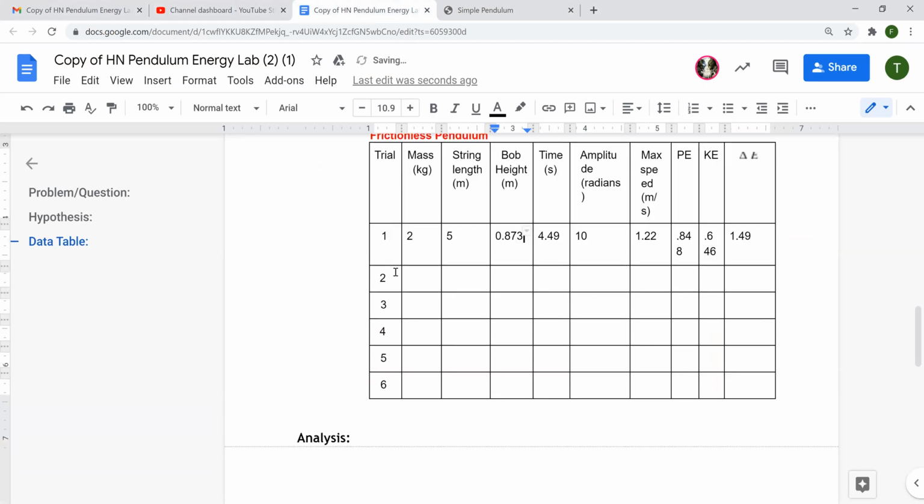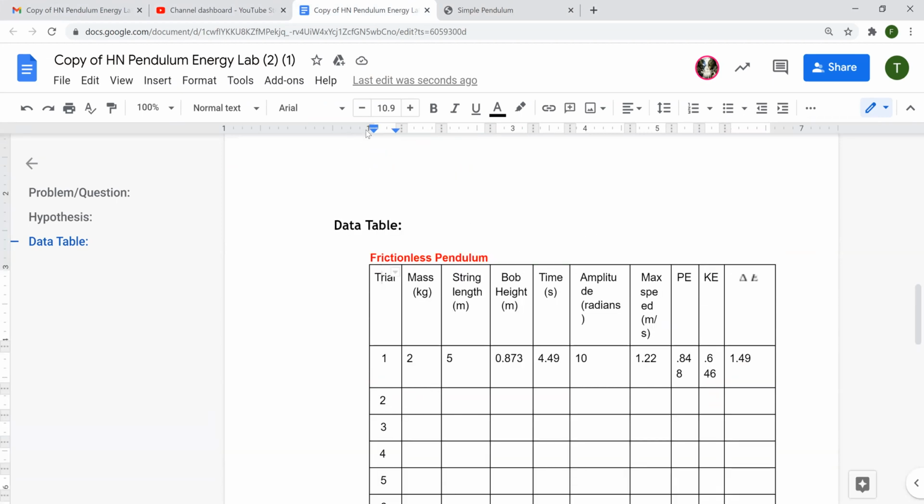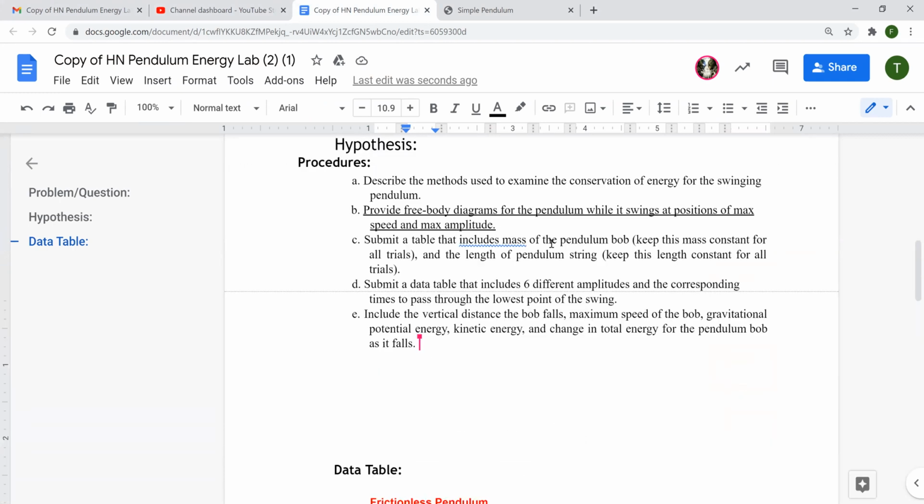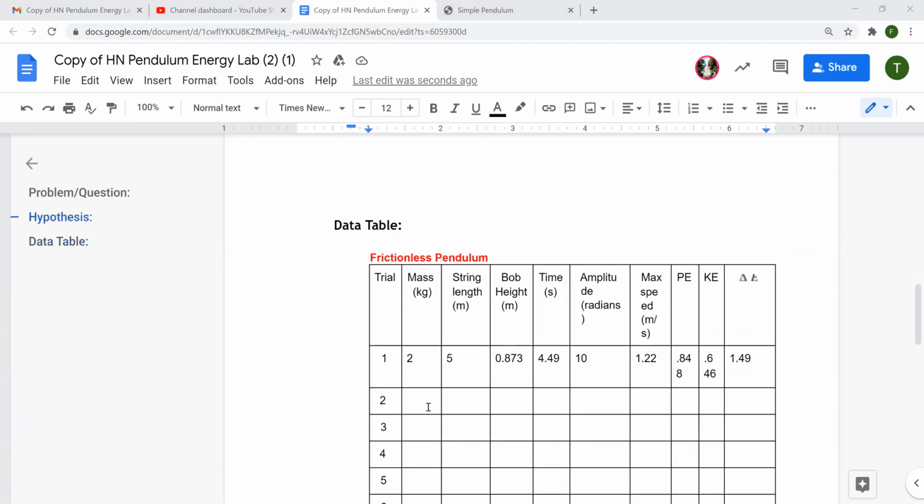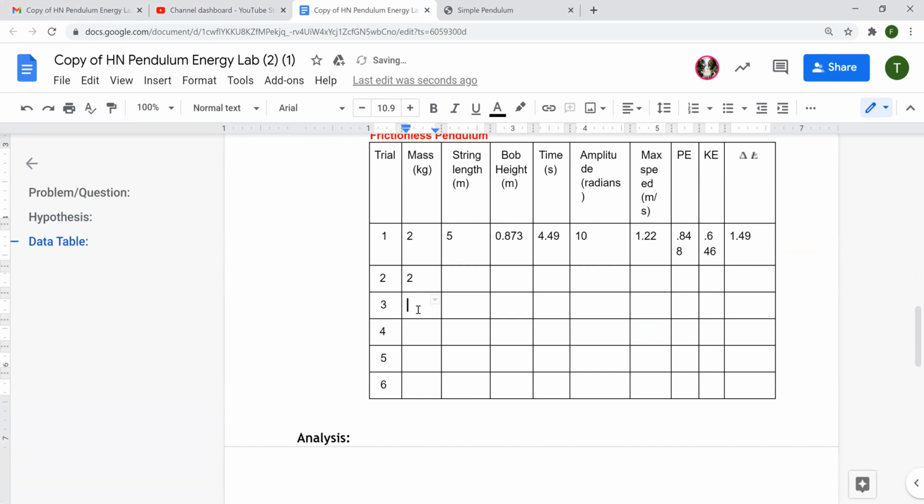Okay, so we continue. Do we add mass, like up to 3, 4, 5, 6, 7, or whatever? It says up here to keep this mass constant for all trials. Oh. So we're going to do that for all of them. So we're going to be messing with the amplitude. Is that what it says?